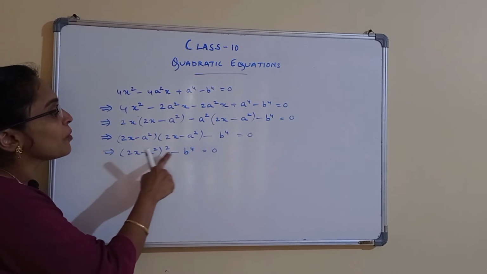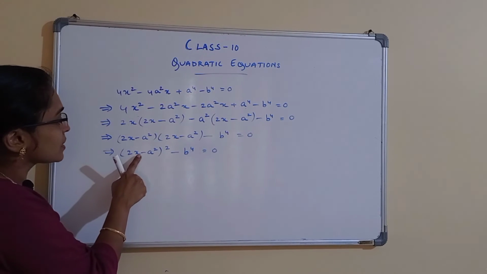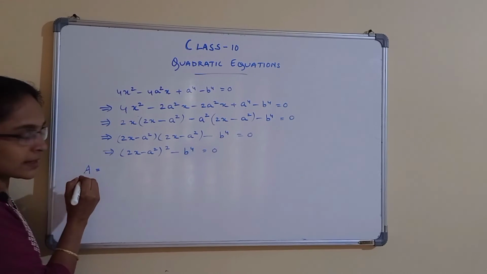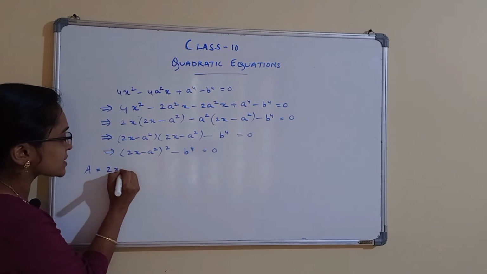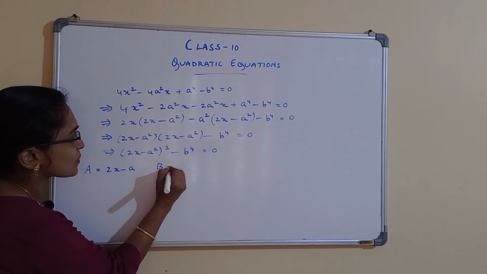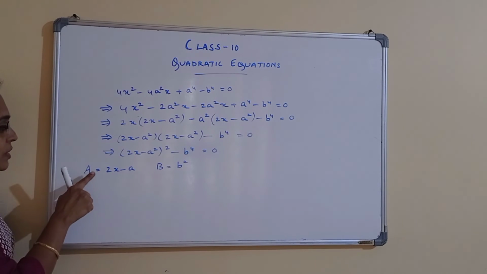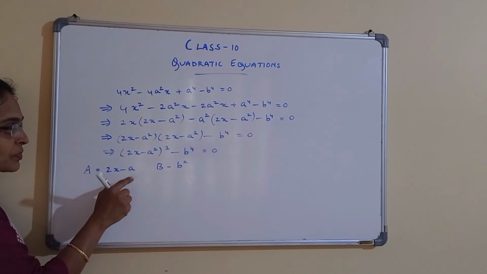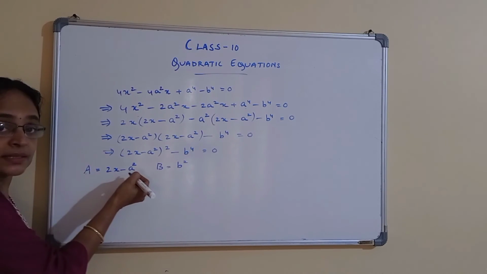And this is of the form a square minus b square, where a is equal to 2x minus a square and b is equal to b square, right?